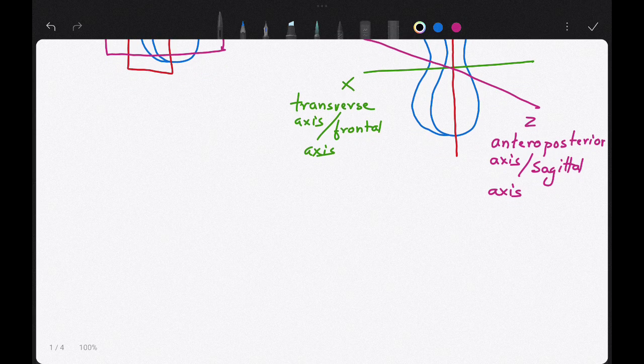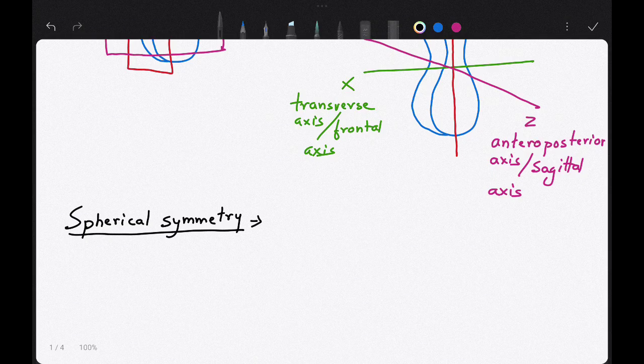Now next, you have to learn about different types of symmetry. The first is spherical symmetry. Spherical symmetry means the organisms are spherical in shape and can be divided into two equal halves.